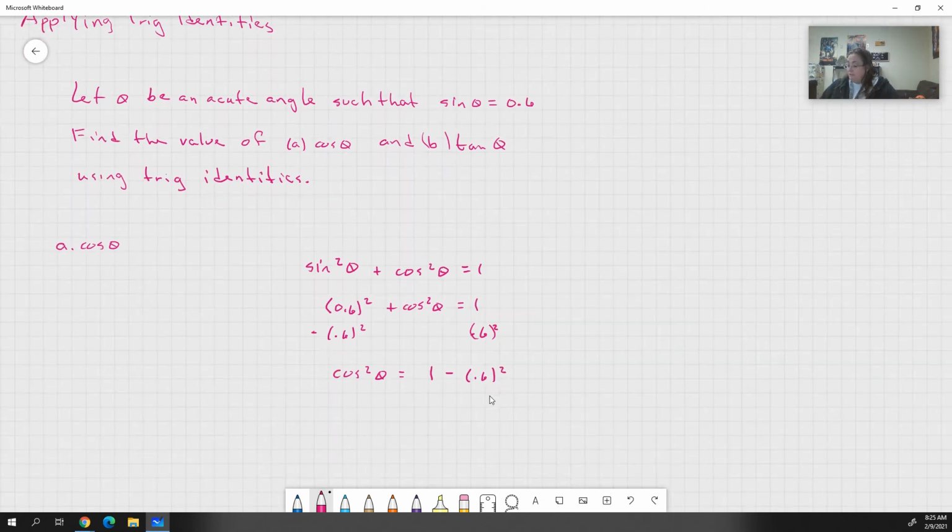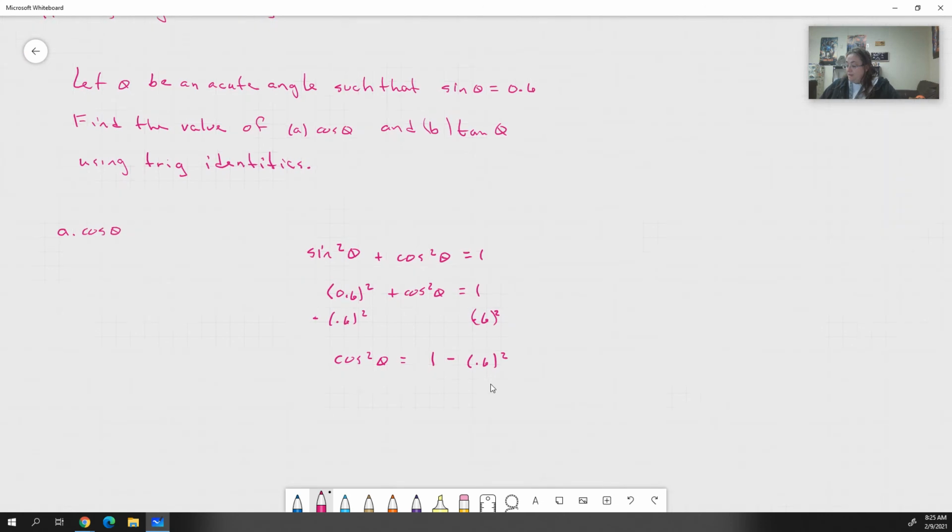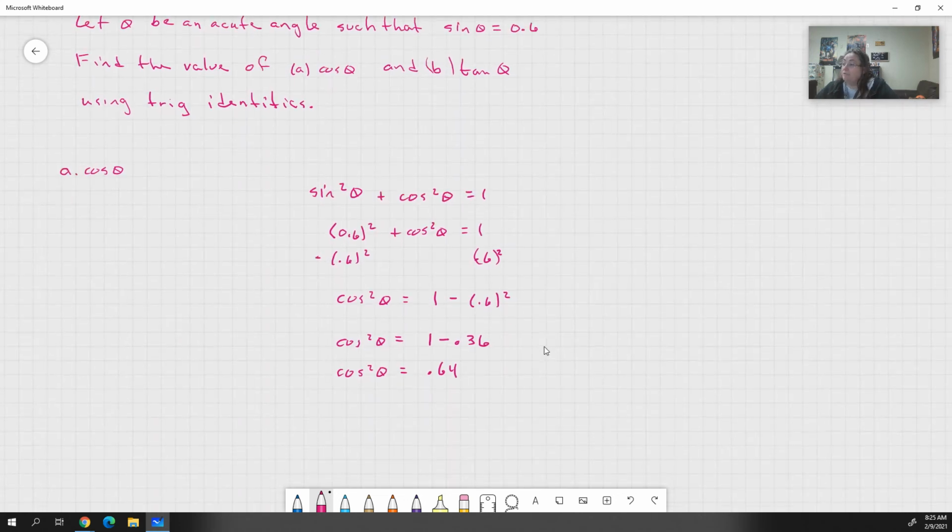Now I have to actually do the math on that. And that's going to give me that cosine squared of theta equals 1 minus 0.36. So I could also say that cosine squared of theta equals 0.64, right? 1 minus 0.36 is 0.64.